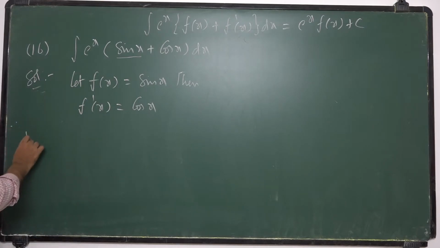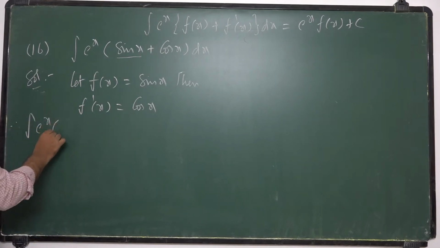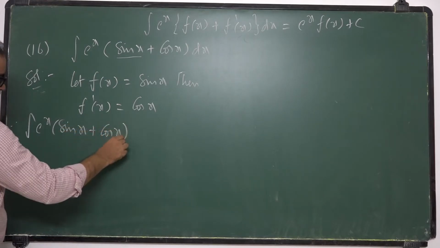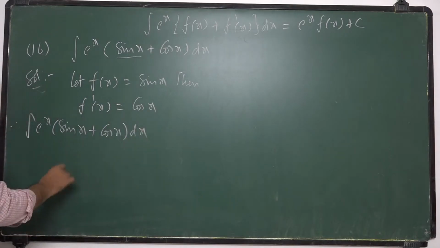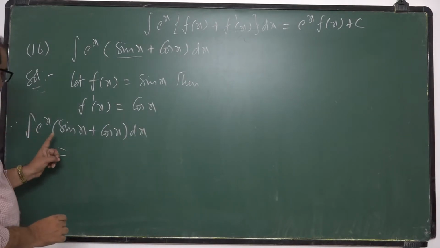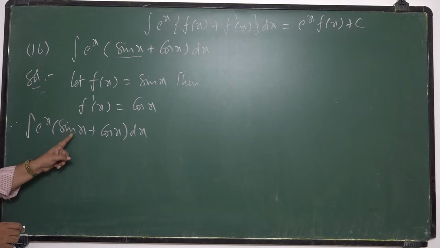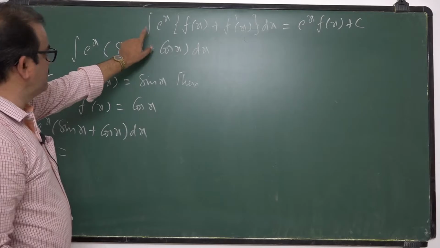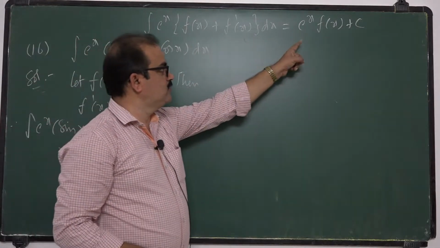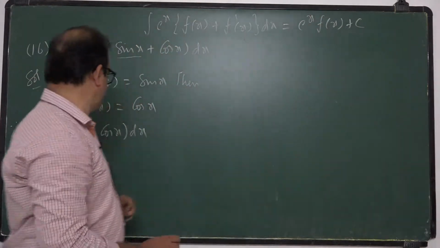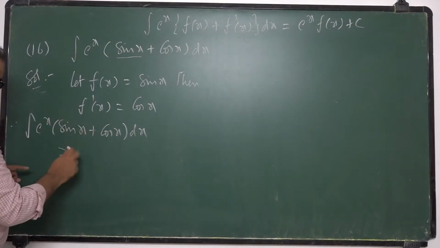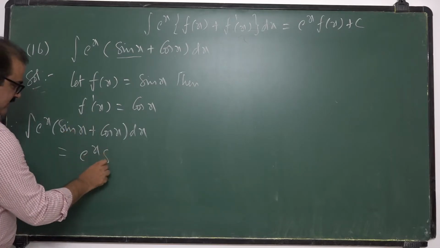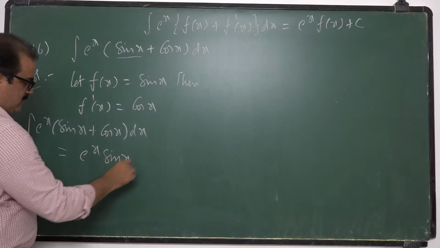Therefore, integral e power x into sin x plus cos x into dx is in the form of integral e power x into f of x plus f dash x. From this formula, this integration is equal to e power x into f of x. So, integral of this is equal to e power x into, what is f of x here? Sin x plus c.